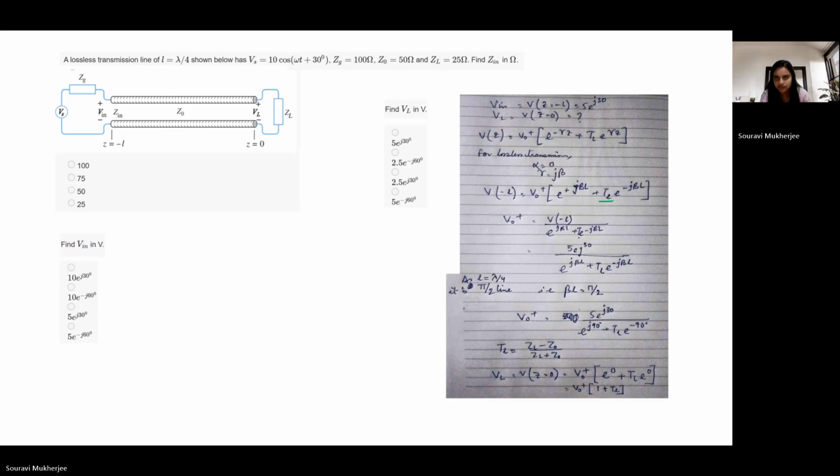That is coming from the fact that ZL, the load, and Z naught, the characteristic impedance, are not equal. So there is a finite reflection that will happen because of this inequality, and that comes in this term, Gamma L, the reflection coefficient.